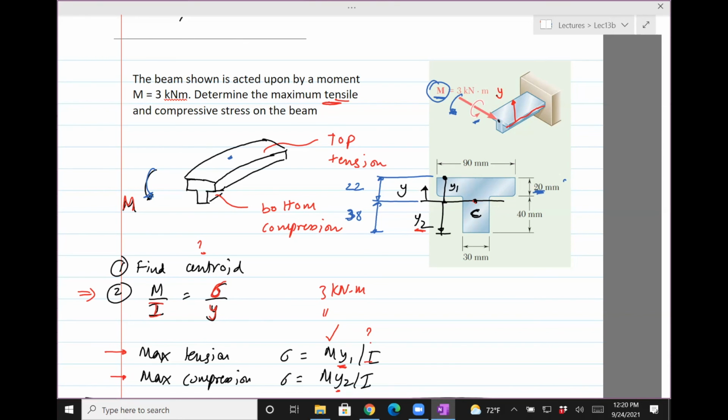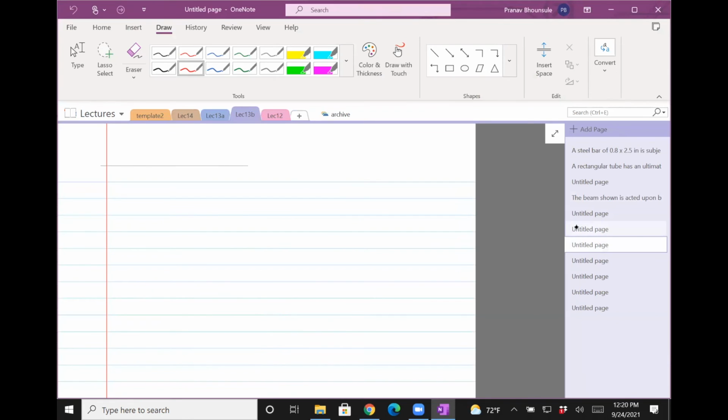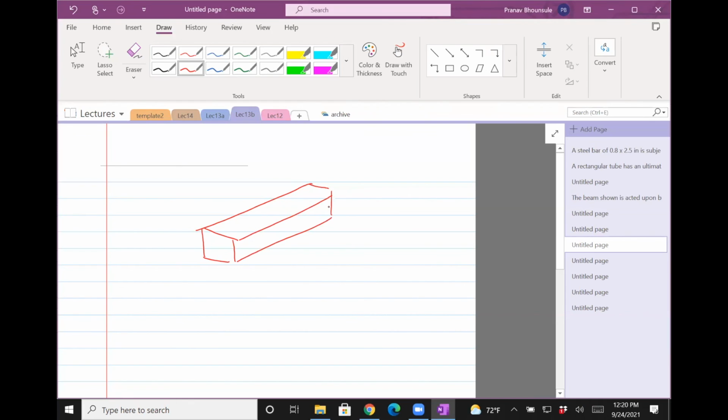Clearly, let me just write it down. Okay, so here's how you will figure this out. Draw a specimen, and this is how the moment acts. Let's call that z, and this is y.